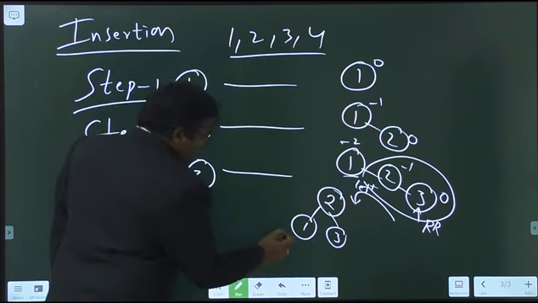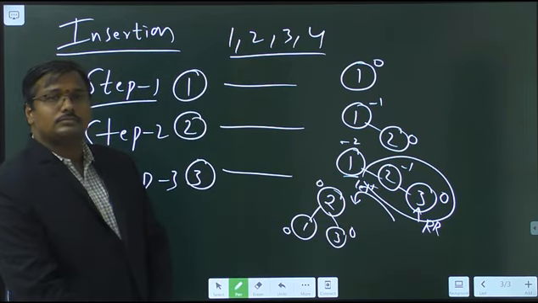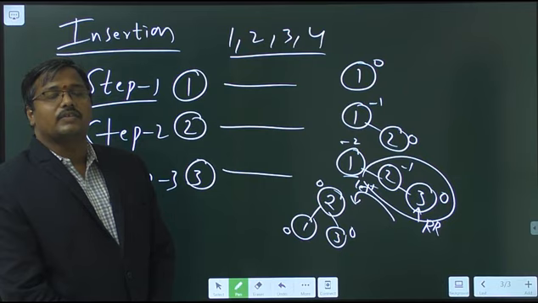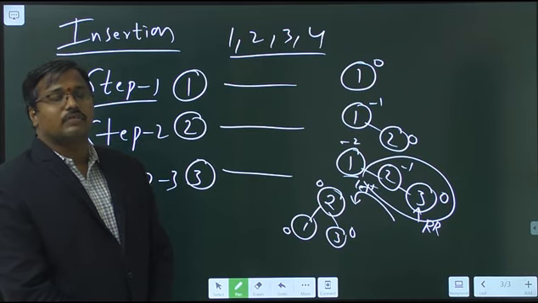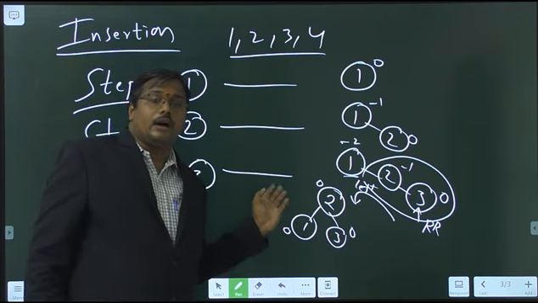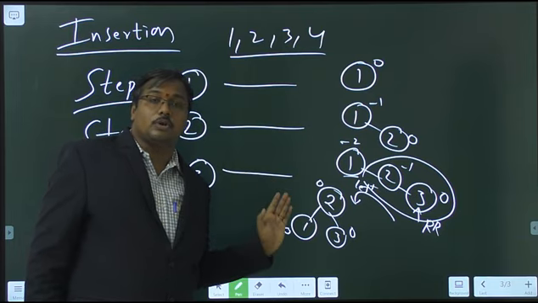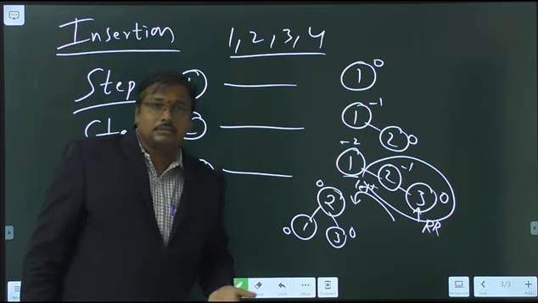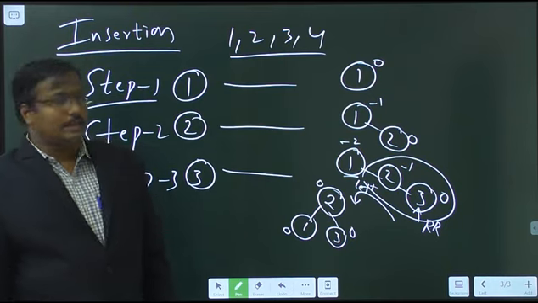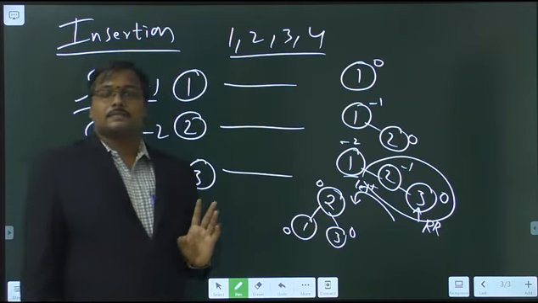So what are the balance factors now? 0, 0, 0. Perfectly balanced. See, here one rule is, once we rotate the tree, automatically the balance factors and the binary search tree property are also set. Set means comparatively 1 is less, 3 is greater.